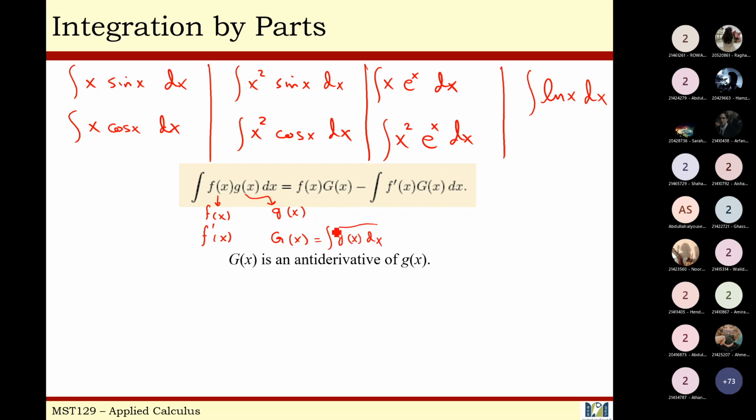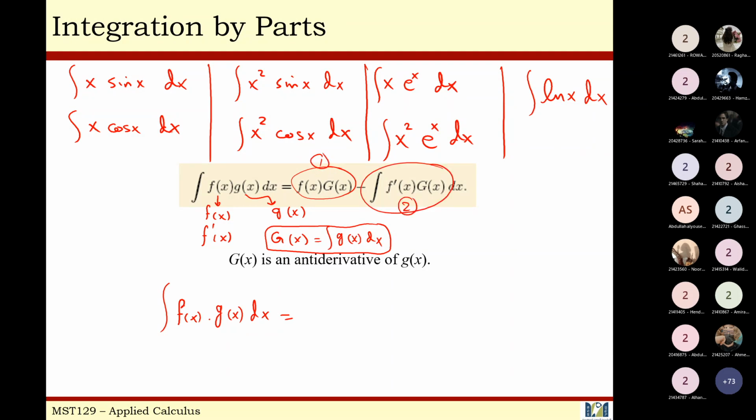Don't forget that this is g prime, and capital G is equal to the integral of g of x. Now the value of f of x multiplied by g of x equals the number 1, this is number 1, and this is number 2.